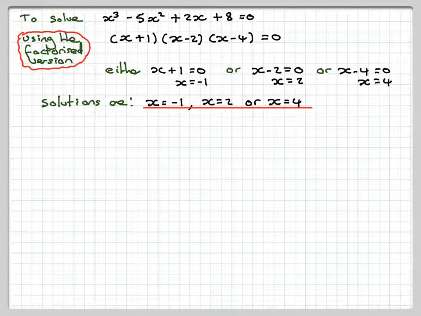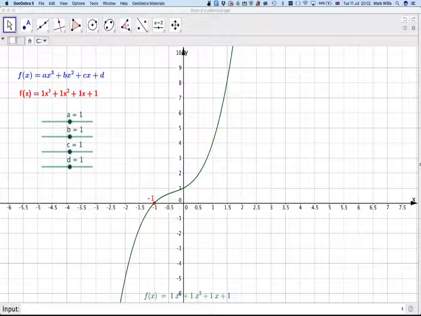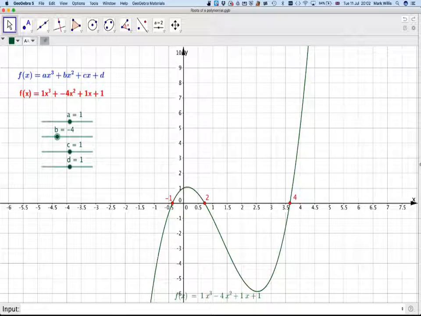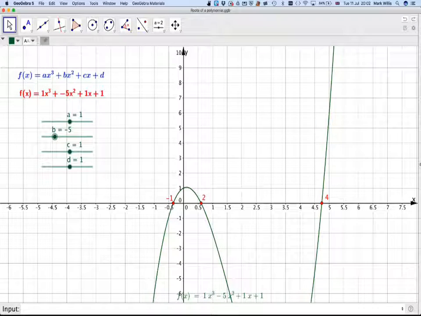So what are we doing when we solve this? Well, here I've got a GeoGebra applet, which I'll embed into the notes of the video. The coefficient of x cubed, a, is 1. b was minus 5. c is plus 2.